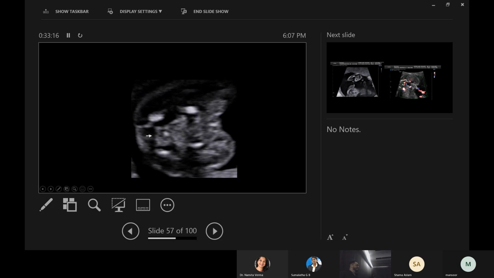Yeah, this is the anal sphincter complex. This central thing is the anal mucosa, and this hypoechoic thing is the muscle of the sphincter. So if this echogenic dot you are not able to see there, then think about anal atresia.